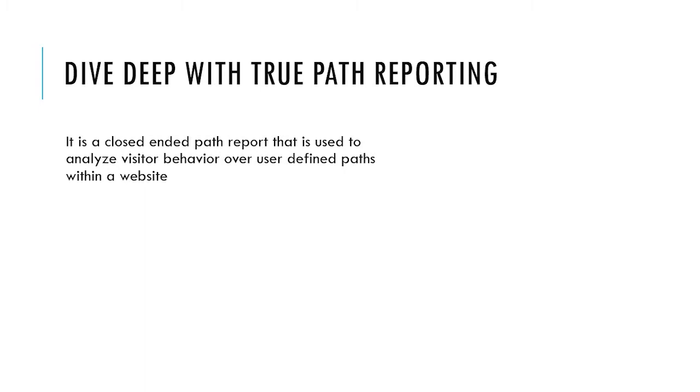Like if I set a 3-step path, a user will go to page A, then go to page B, then go to page C, and then I try to analyze whether this path is used by many people, or they are using X and Y and then coming to C, or they're using X and B and then coming to C. So this kind of reporting tells us how effective the routes are that we are defining.